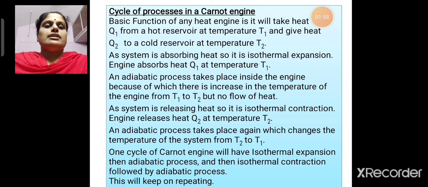The engine absorbs heat Q1 at a temperature T1 initially. Next, an adiabatic process takes place inside the engine, because of which there is a decrease in temperature of the engine from T1 to T2, but here there is no flow of heat.